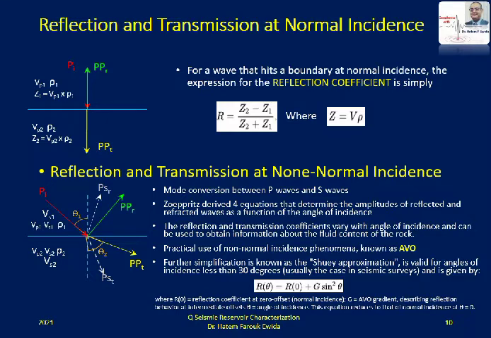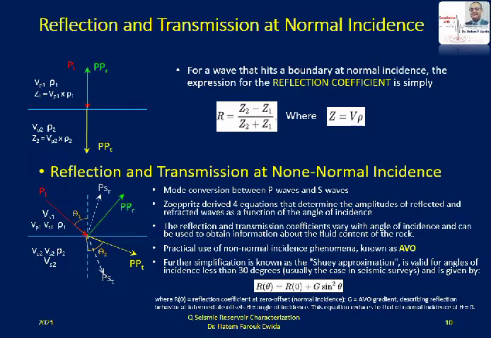So a scientist called Zoeppritz derived 4 equations, and here is the key point: these 4 equations determine the amplitude of the reflected and refracted waves as a function of angle of incidence. So if I know the angle of incidence, I can calculate the amplitude of the data that will be reflected.